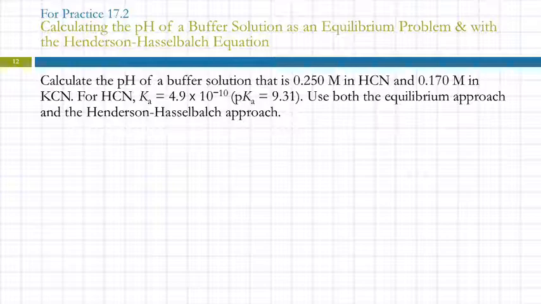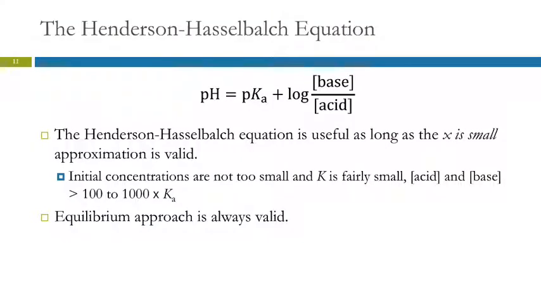This equation, though, only works when x is small. So you have to have the x is small approximation being valid, and that's going to happen when your initial concentrations are not too small, and your K is fairly small.